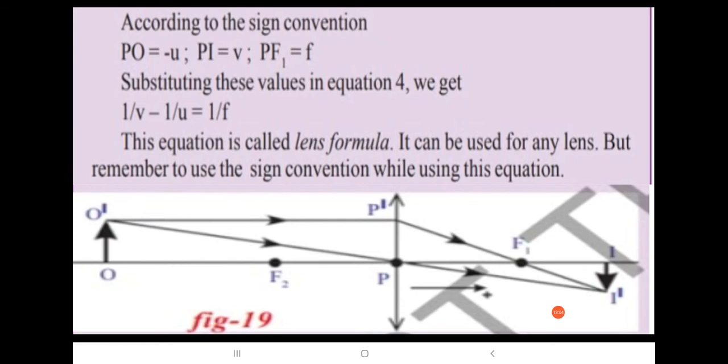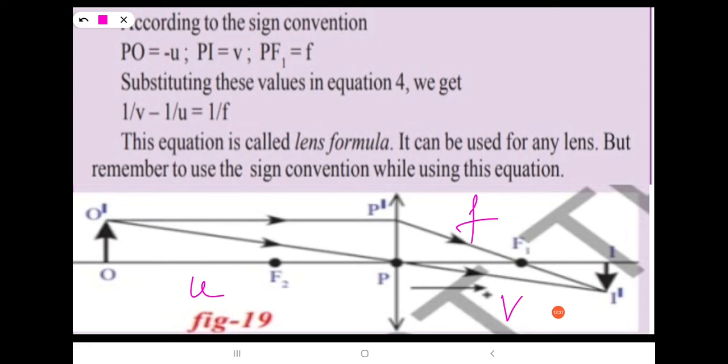Now after applying the sign convention, according to the sign conventions, we know the distance from P to O is known as object distance, denoted with u, and the distance from P to I is known as image distance, denoted with v, and the distance of P to F1, that is focal length, is denoted with small f.